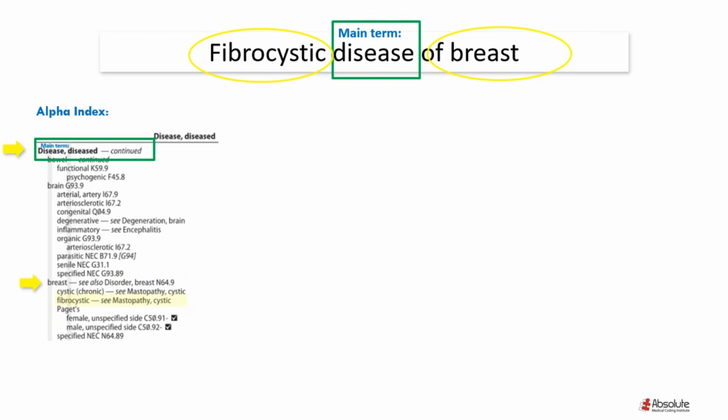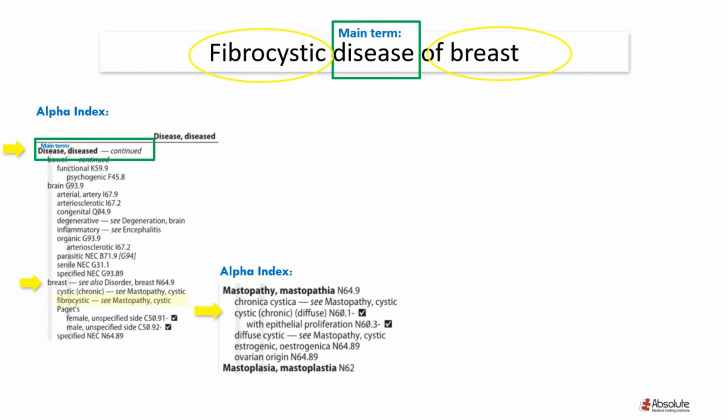So let's go ahead and see mastopathy. We're going to look up mastopathy in the alphabetic index under M, and we are here. It says mastopathy, mastopathia, N64.9. However, let's read some more. Chronic, cystica, see mastopathy, cystic.